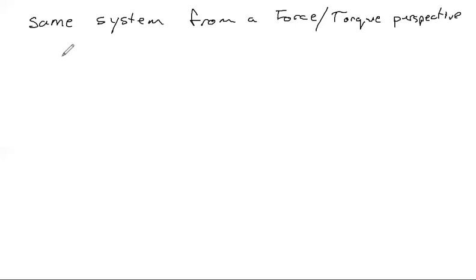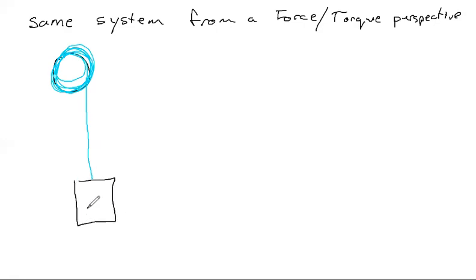So let me go ahead and draw that. I have my pulley, and then I have a rope, and we're going to assume that the mass block is down here and has mass capital M, and the pulley has mass lowercase m. It has a radius r, and we're assuming that the initial velocity is 0.